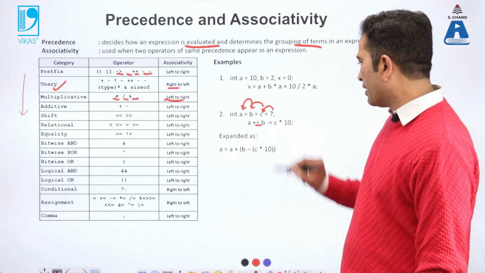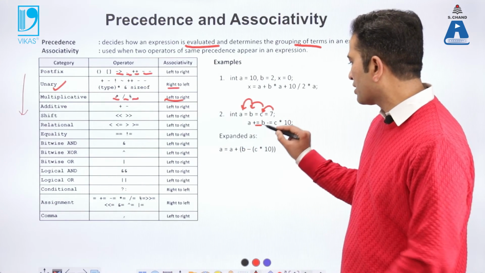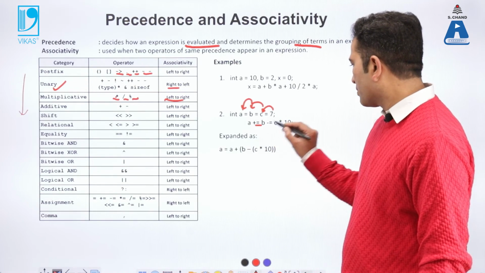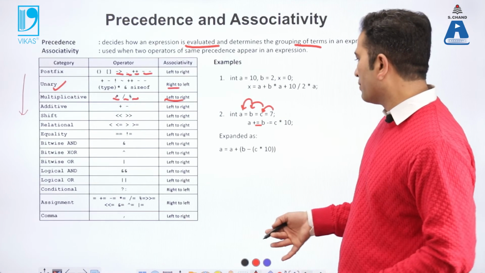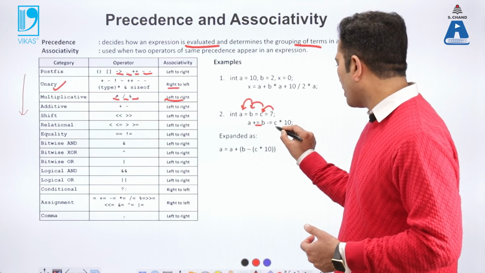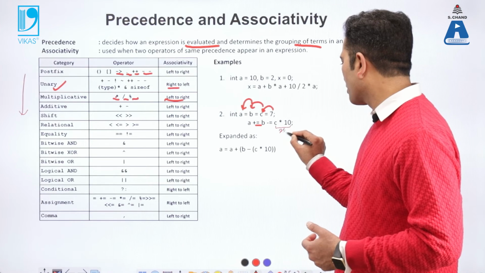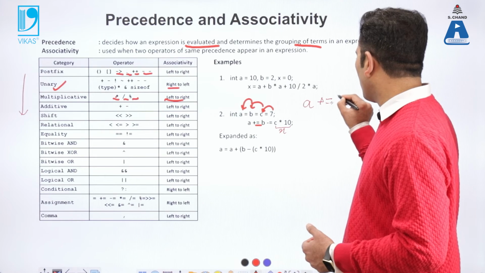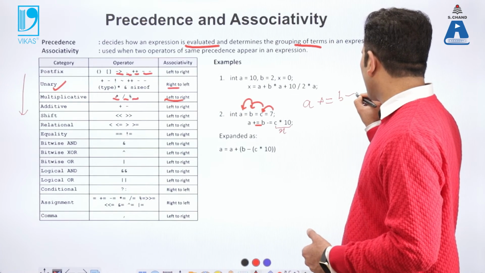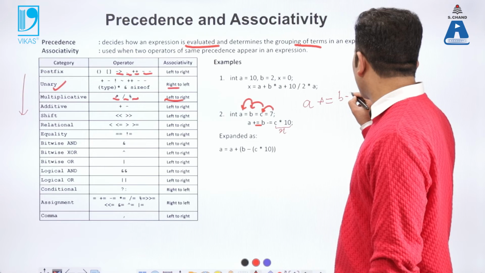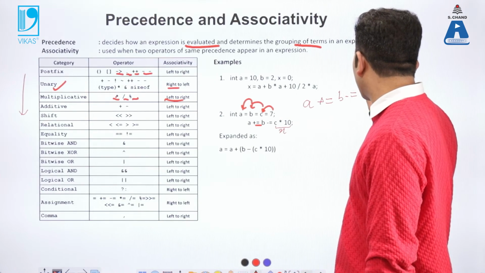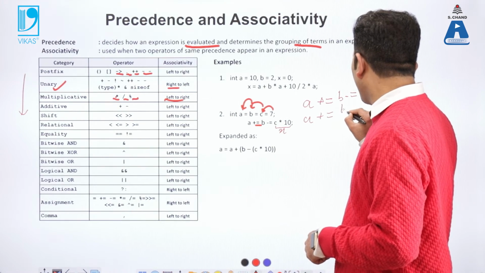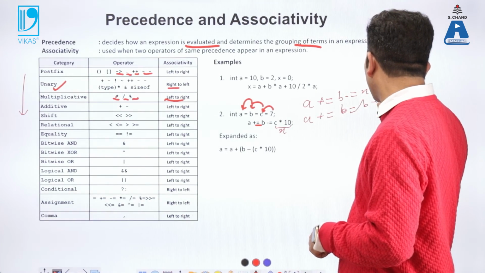To simplify, let me call c star 10 as x. So a plus equal to b minus equal to x. This can be written as a plus equal to b equal to b minus x.